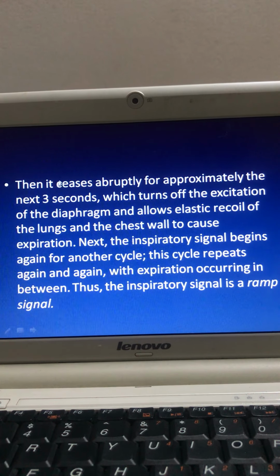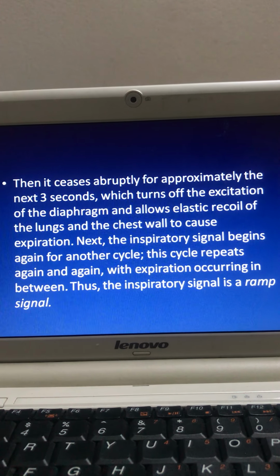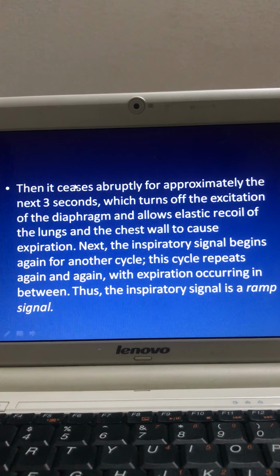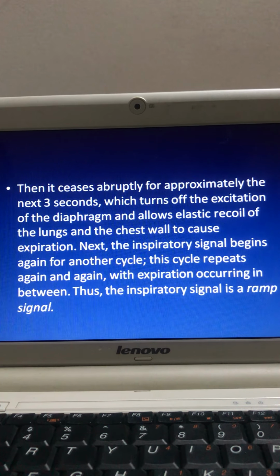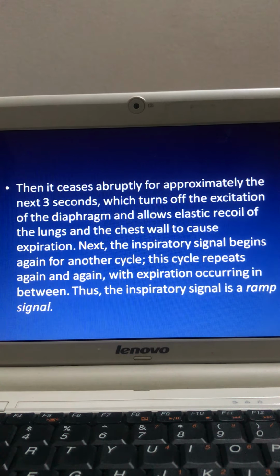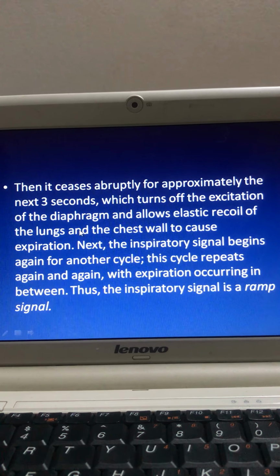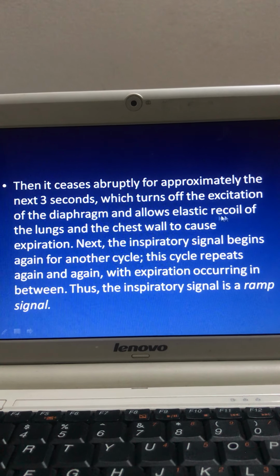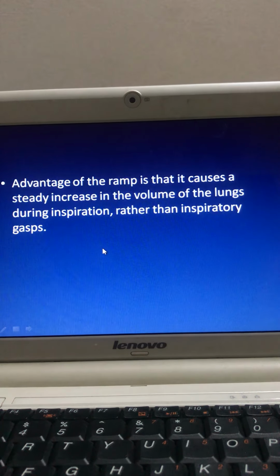Therefore, for 2 seconds, the duration of inspiration, the action potential is weak and rises in a steady way, step by step, and after 2 seconds it suddenly stops, and there is expiration, that is, the end of the excitation of the diaphragm and elastic recoil of the lungs and chest causes the expiration.